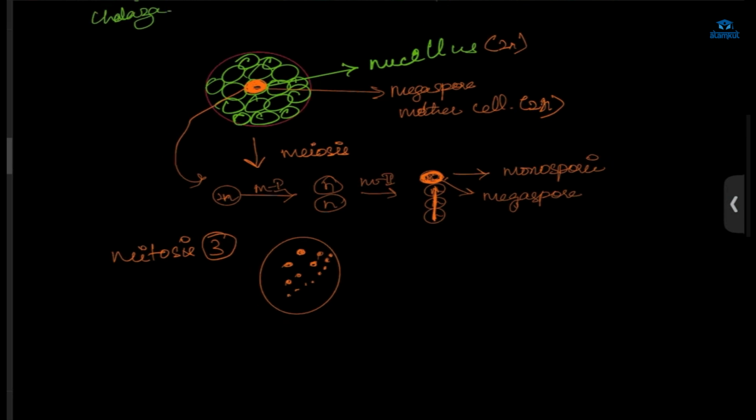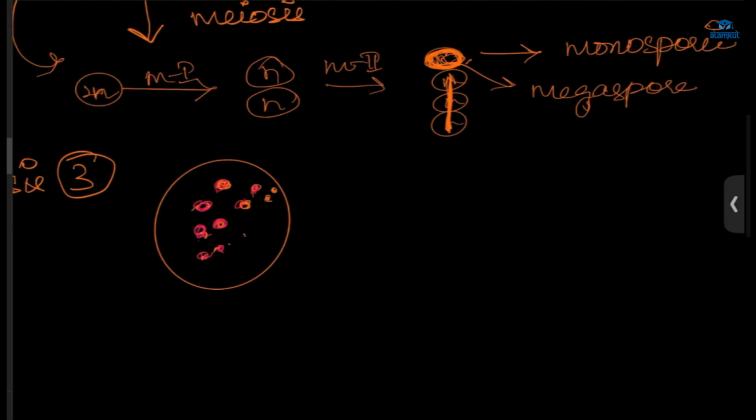Wait, I'm doing it wrong. First division, second division, and we have the third division. 2, 4, 8.